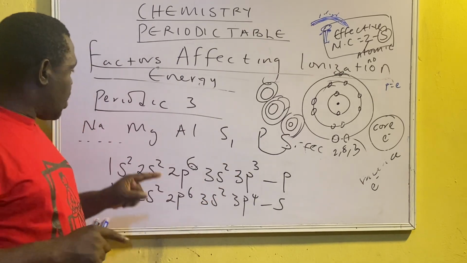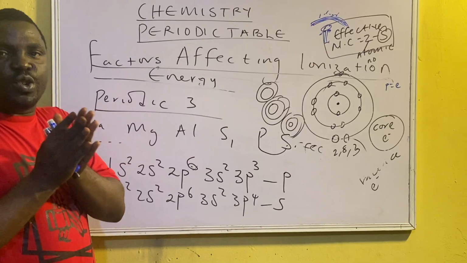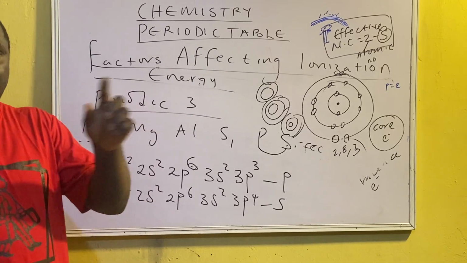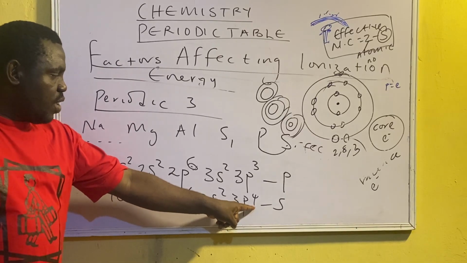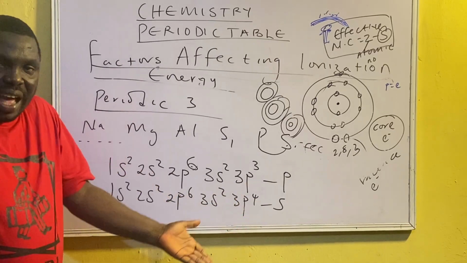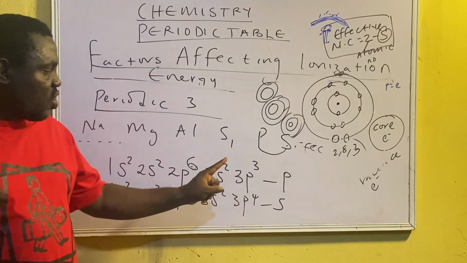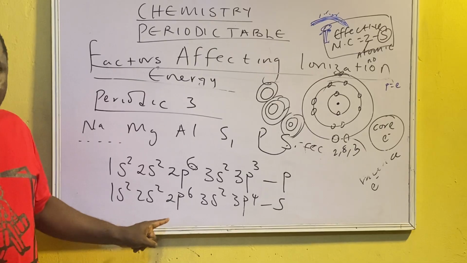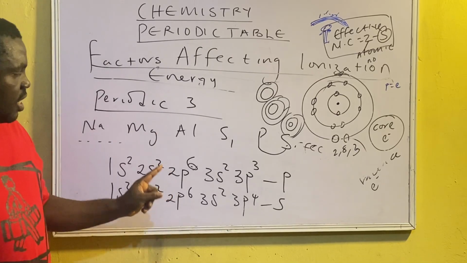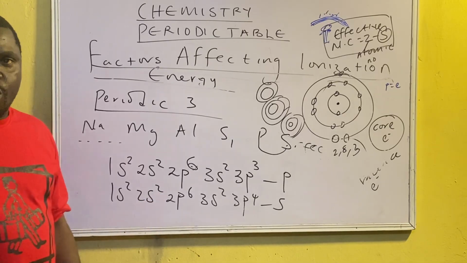And the stability rule states that either you are fully filled or half filled, they are more stable than other types. So sulfur is neither fully filled nor half filled. It's even more than half, and it's not fully filled. Obviously, phosphorus is more stable than sulfur, and the fact that it's more stable means its ionization energy is higher than sulfur.